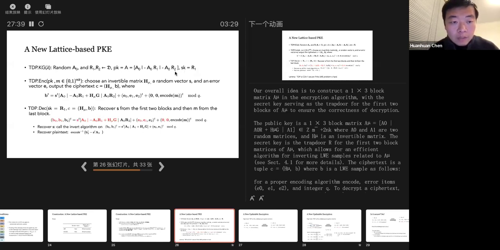So we use the secret key R1, and how can we decrypt?